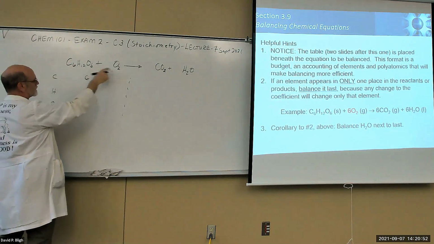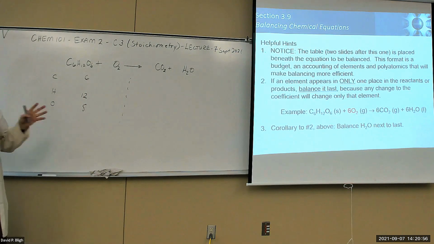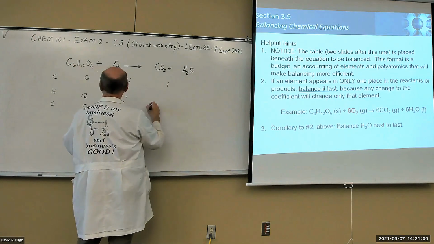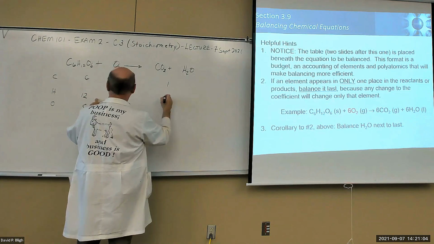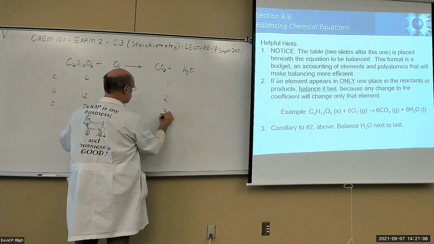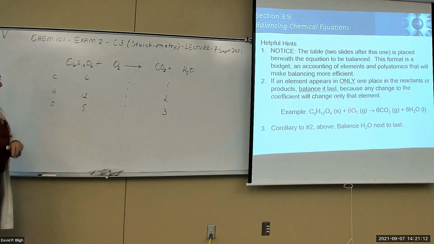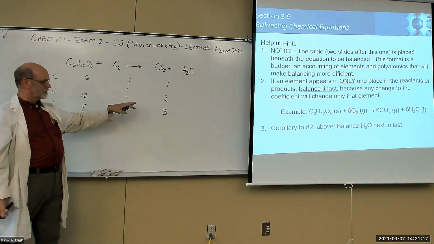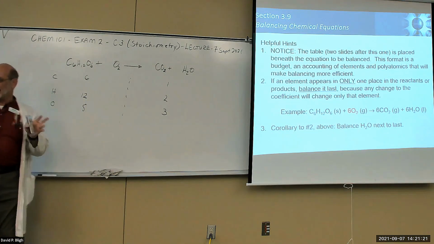Oxygens, 6, 7, 8. 8 oxygens. These are starting positions. This one you have 1 carbon and 2 hydrogens, right? And 3 oxygens. Now right off you can see a problem. First of all, you've got a 1 and a 3 here, odd numbers, and over here they're all evens. Don't panic.